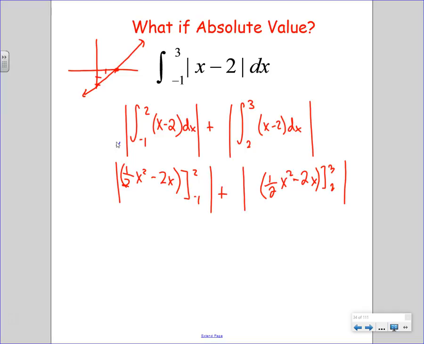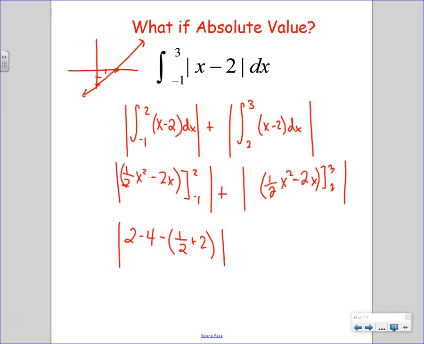The square is 4, 4 over 2 is 2. I am not changing any of the minuses to pluses. I am evaluating the integral and saving the absolute value till the end.